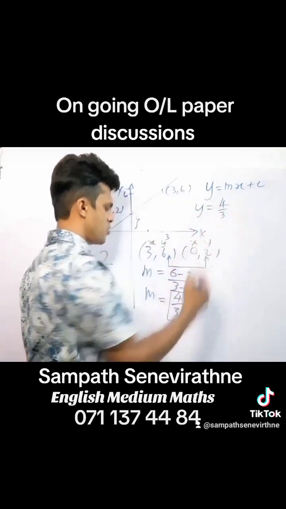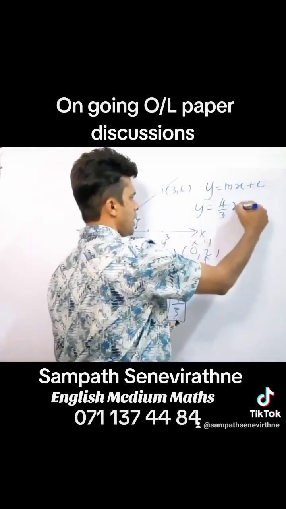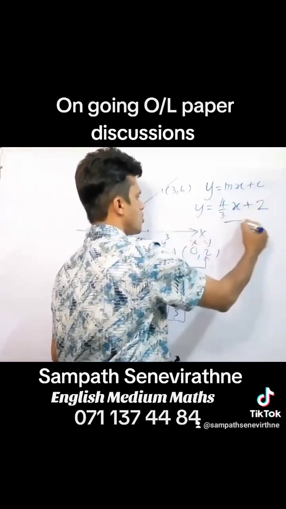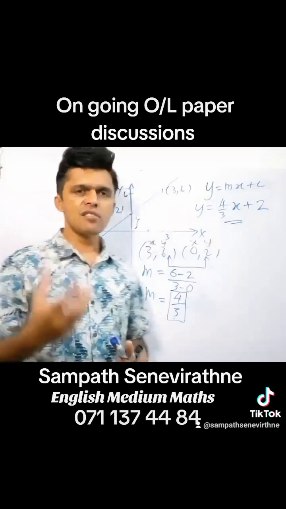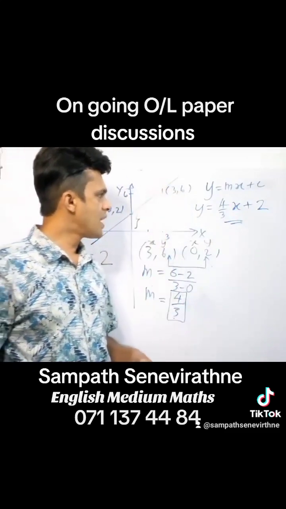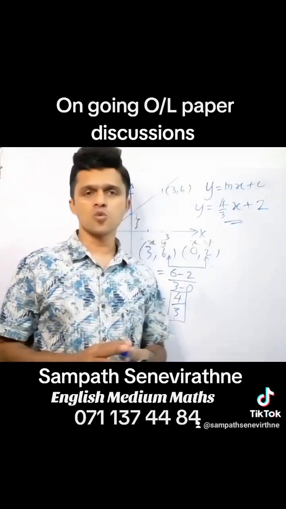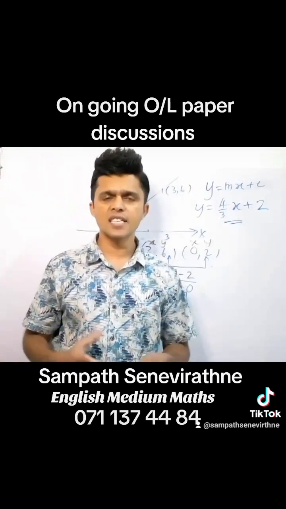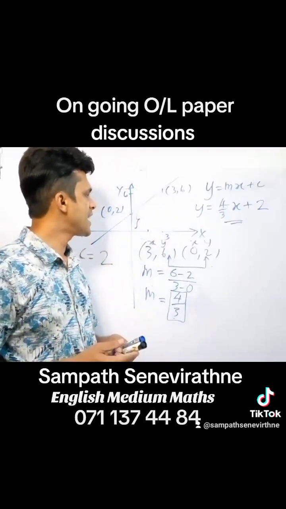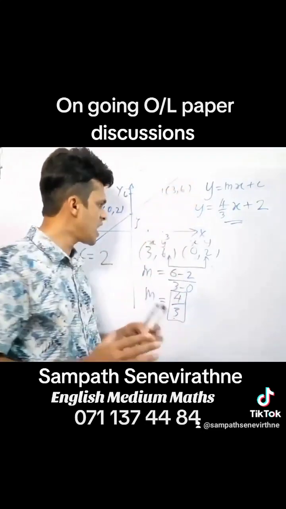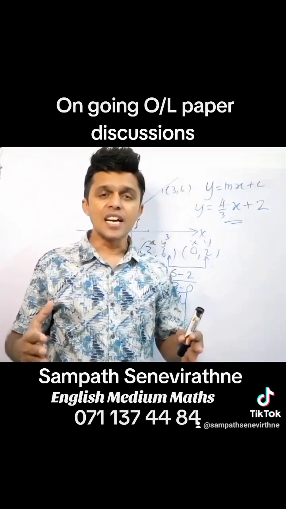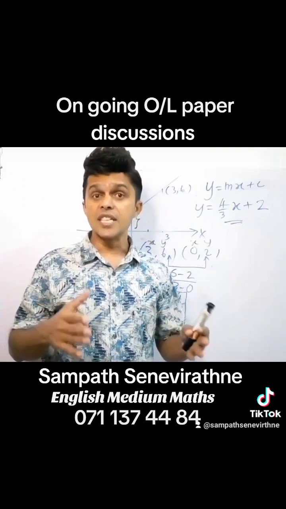That value you could substitute here: y equals 4/3 x plus c, with c equal to 2. So the equation of this linear graph is y equals 4/3 x plus 2. So now you know that when you know two coordinates, you could calculate the equation of a given linear graph.